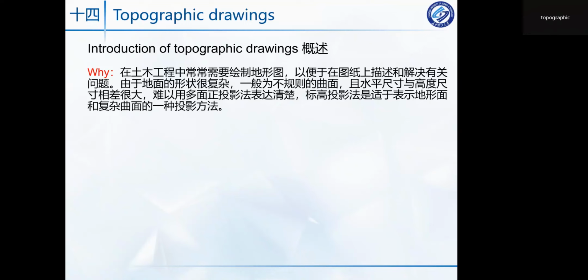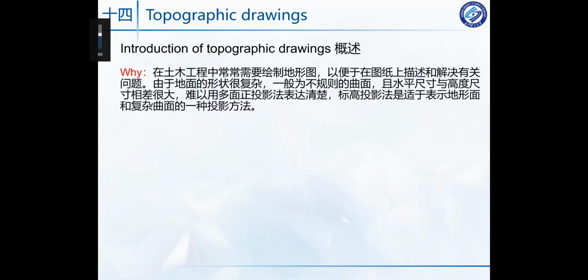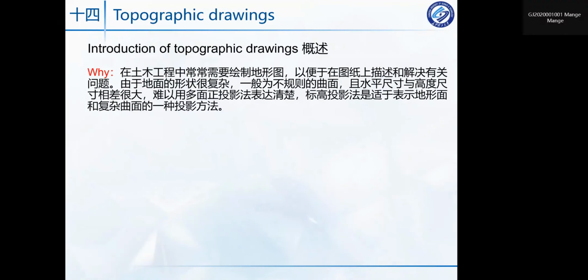The reason why we draw topographic drawings. To represent its surface and features accurately using a scale. Okay, to represent the shapes and the features of the ground. Right? Yes.